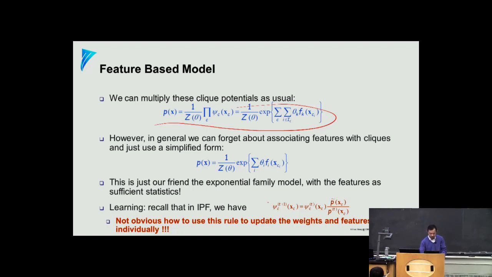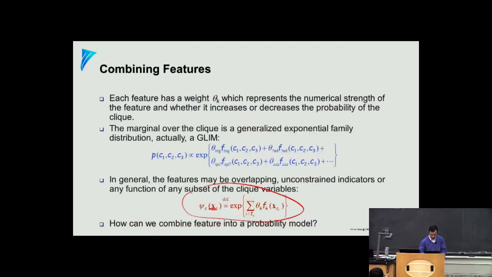For example, in this equation, the IPF, all we know is that this entire thing can be reweighted iteratively. But this entire thing now becomes a combination of theta and f. And how to decouple these two? One is designed, one is estimated.